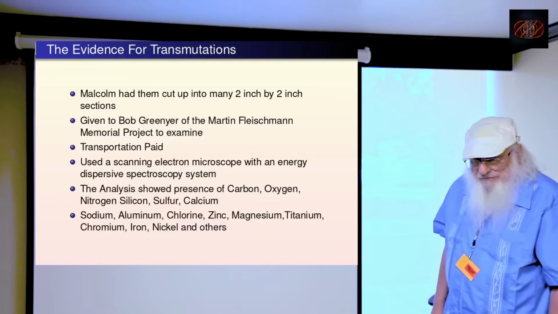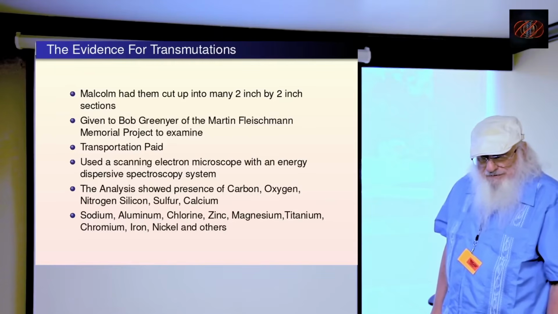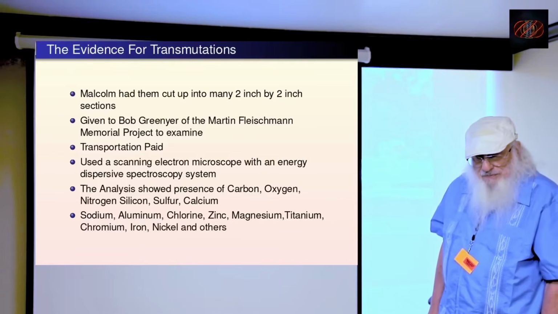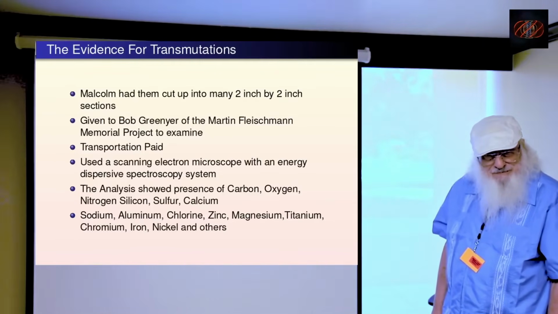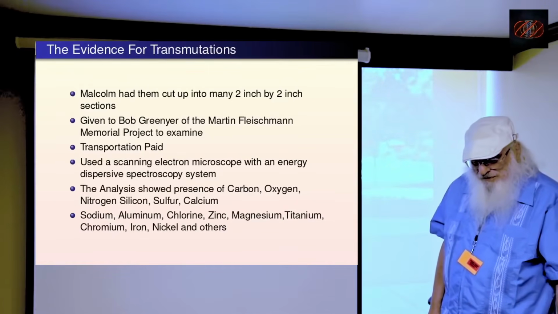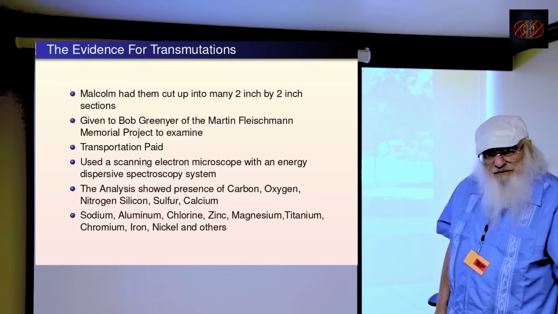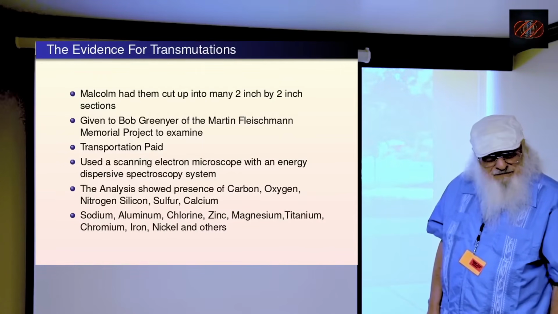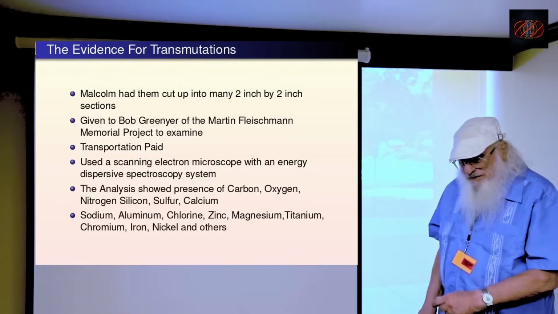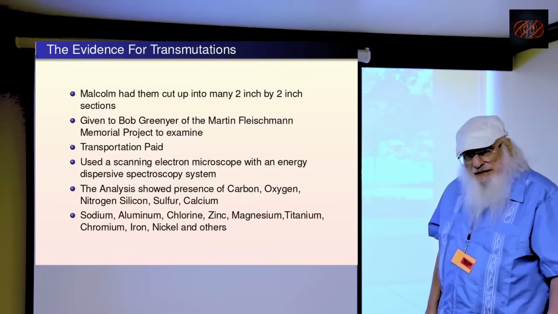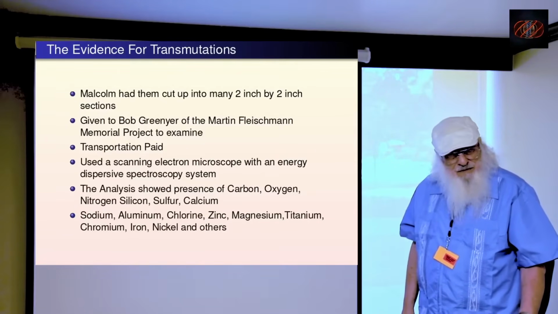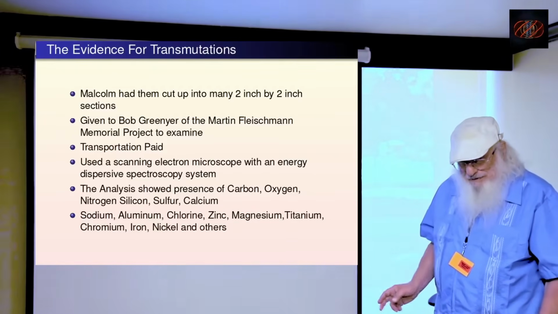These pieces were given to Bob Grenier of the Martin Fleischmann Memorial Project to examine. Grenier talks tomorrow, by the way, here. Malcolm paid for his transportation to get from the European country he was in to a scanning electron microscope. I think it was in California, maybe.